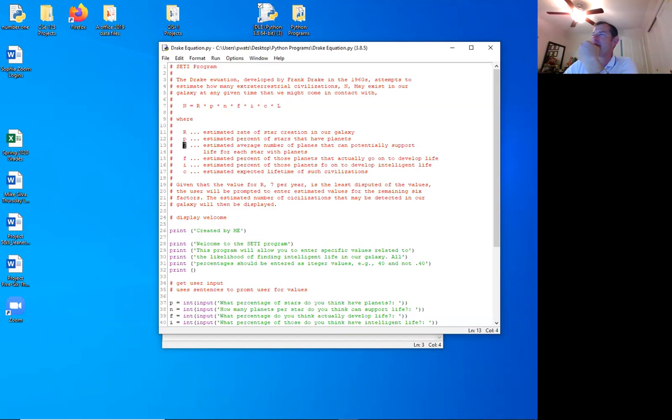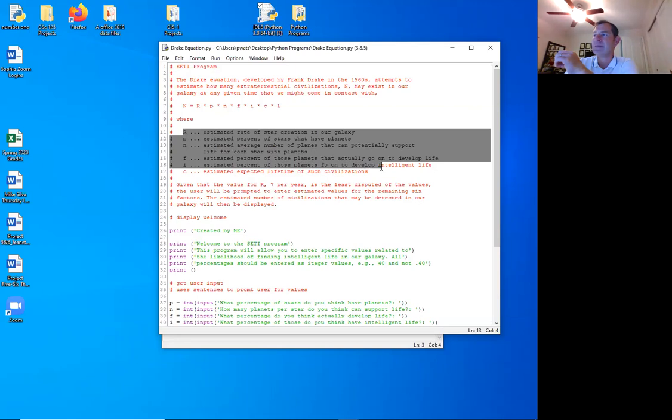Average planets. So, you know what? In this example, it's probably easier to do the definition here, like this. Because the names that I can come up with still kind of are a little bit cryptic.